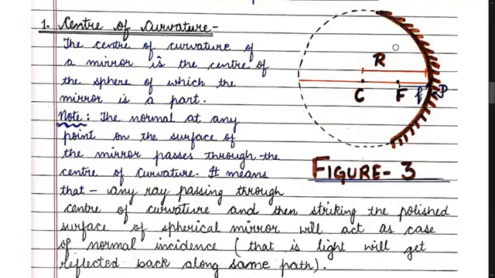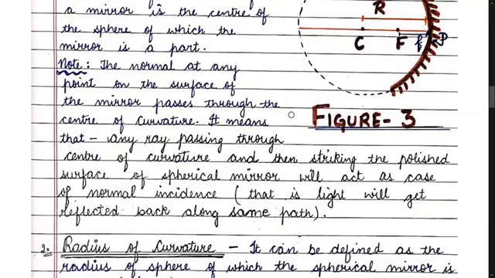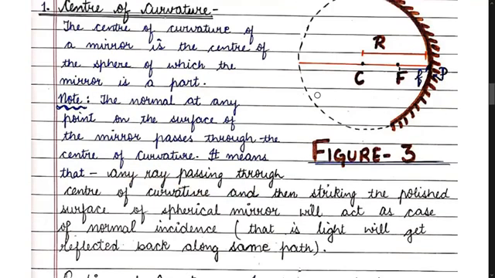So it means that any ray passing through the center of curvature and then striking the polished surface of the spherical mirror will act as a case of normal incidence.